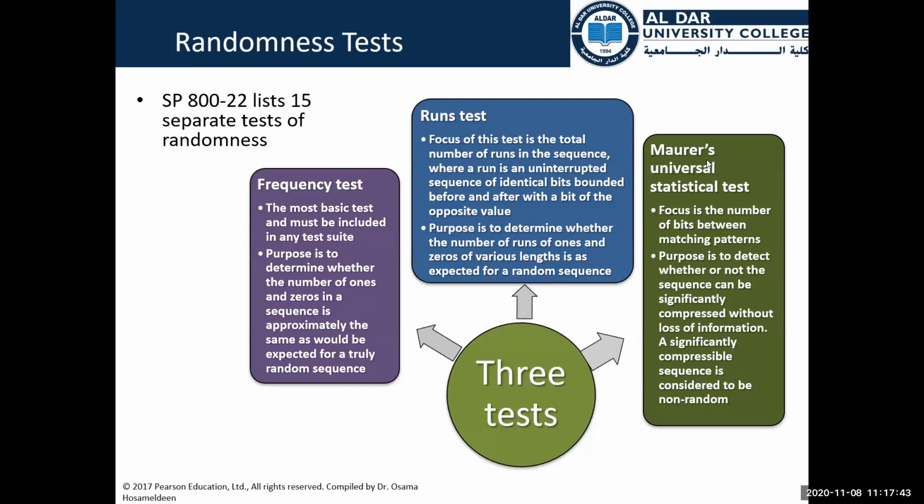And the last one is the Maurer statistical test, meaning if the sequence cannot be compressed, this means it is a random sequence. Okay? Any question about those?